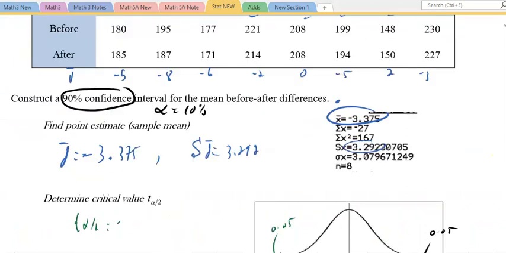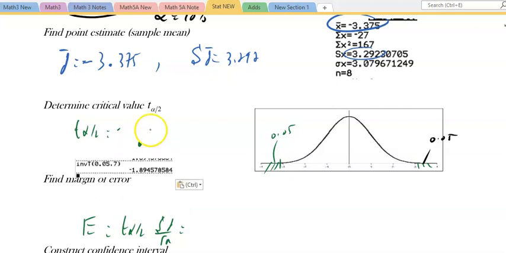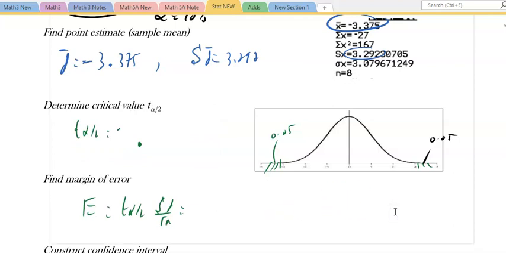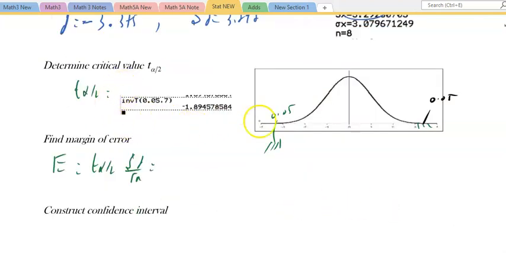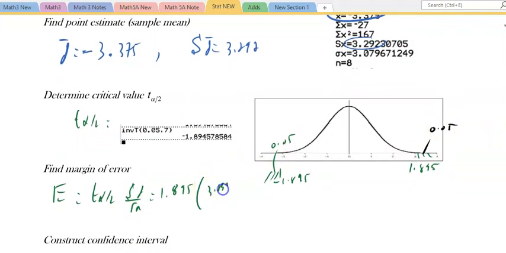Okay. What the heck? So that is 1.895 and negative 1.895. So this is 1.895. Standard deviation happened to be 3.292 divided by the square root of 8, we said.